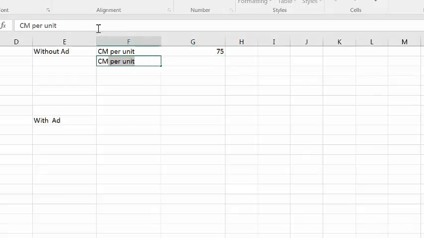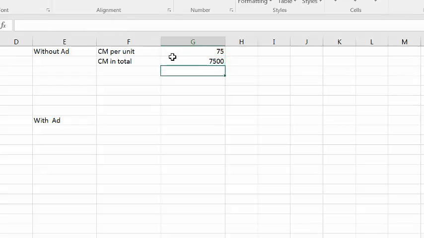Then the contribution margin in total is $75 multiplied by 1,000 products. Sorry, I think it's 1,000 products. So you sell 1,000 units with the contribution margin of $75.